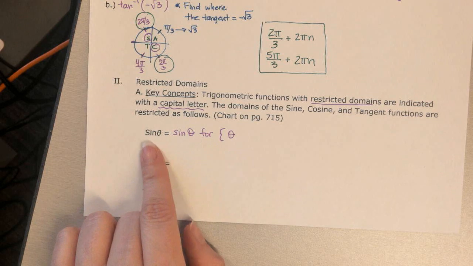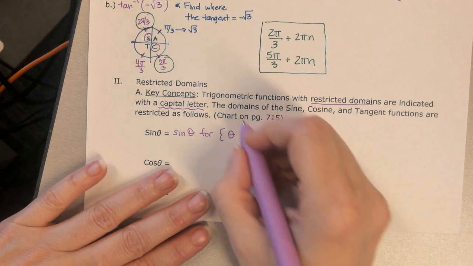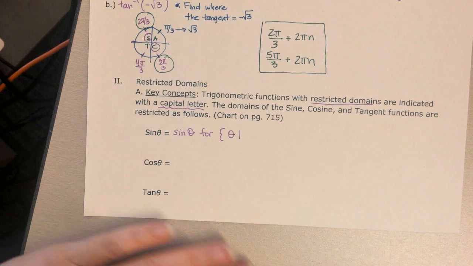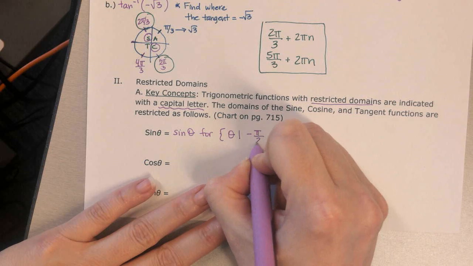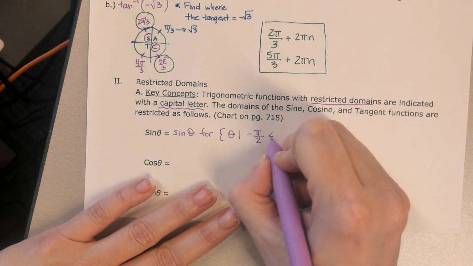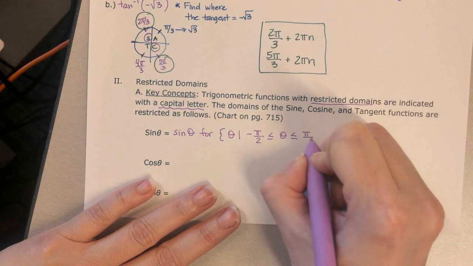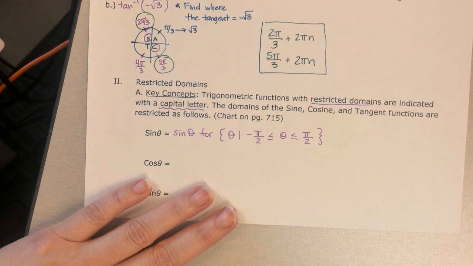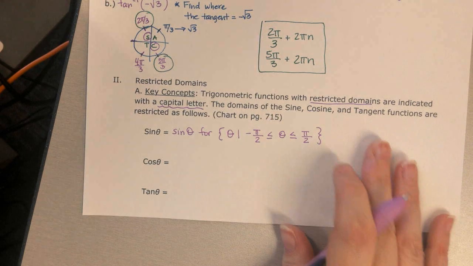So when you see the capital sign, it's the sign of theta for all the values of theta such that negative pi over 2 is less than or equal to theta, which is less than or equal to pi over 2.